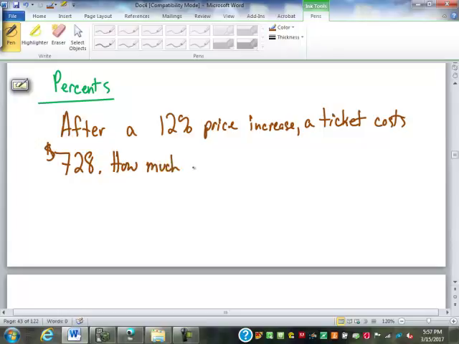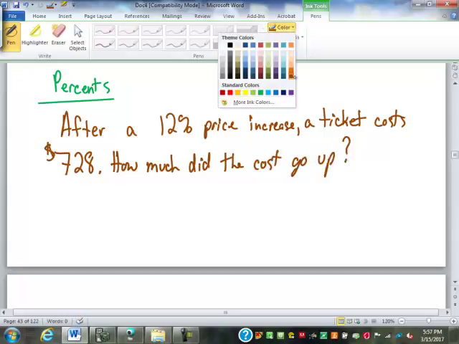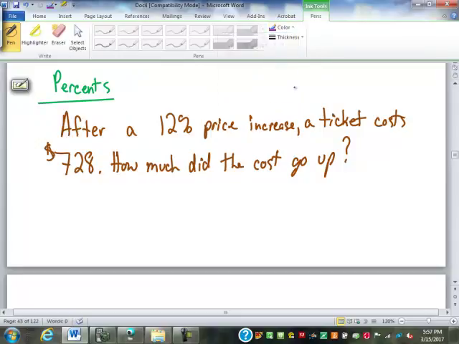How much did the cost go up? Or the price go up, however you want to write it.